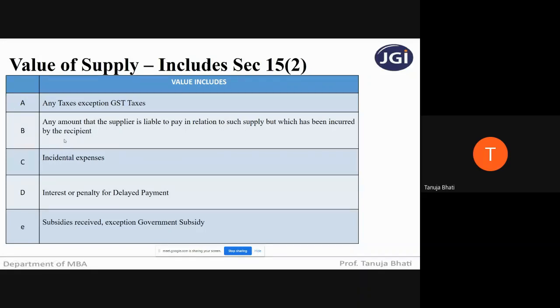Third one is section 15 subsection 2 clause C, that is incidental expenses. Now what do you mean by incidental expenses is, suppose I just continue that example so that you understand these clauses properly. Suppose the recipient in Mahabaleshwar is saying that, suppose some glass items are to be delivered from Bangalore to Mahabaleshwar.